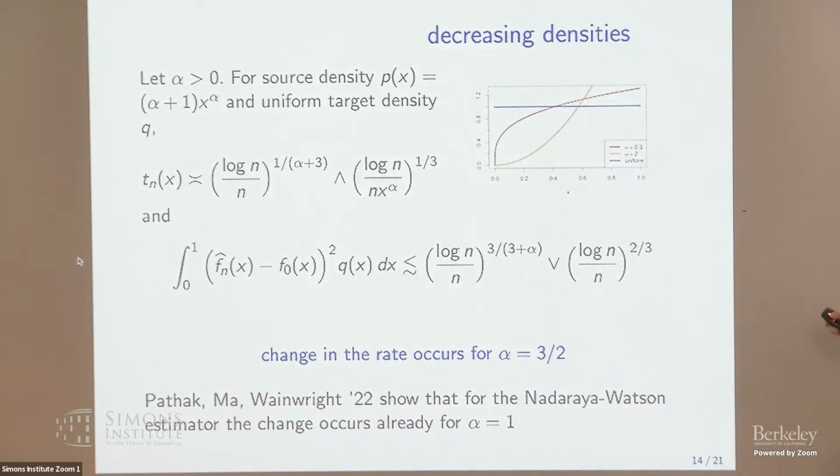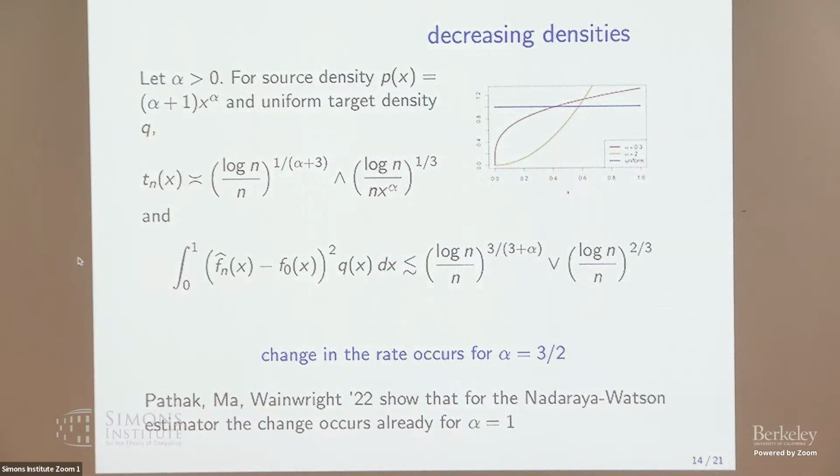That means we have few observations on the left side of our plot, but under the target we are equally likely to see an observation on the whole interval 0, 1, because it's the uniform distribution. So what happens now with the prediction error? First of all, we can work out what this local rate is. You see in the regime where we are bounded away from 0, it's n to the minus 1/3.